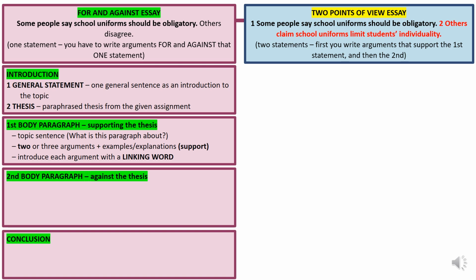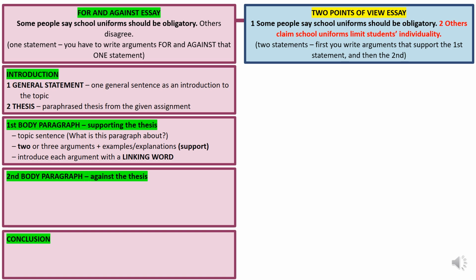What does that mean? That means that for each of your arguments, you need to list example or explanation. Why is this good? Now, you can see here that I have number 2 in bold. That means that I believe that 2 arguments well supported are better than 3 arguments.